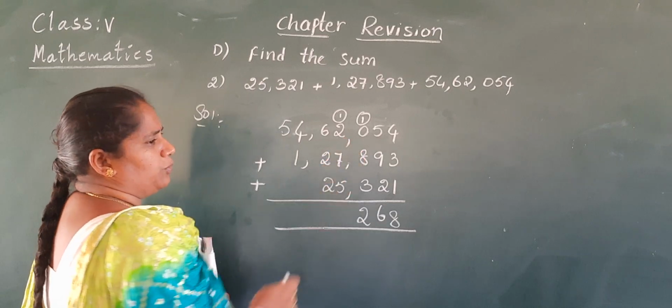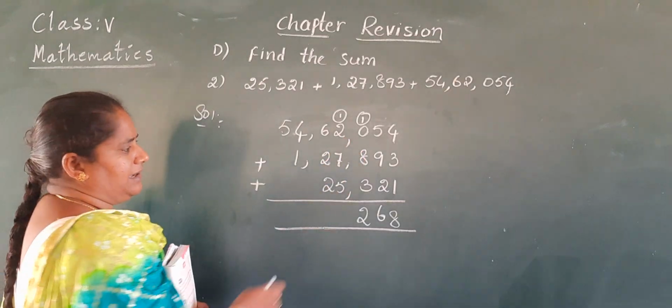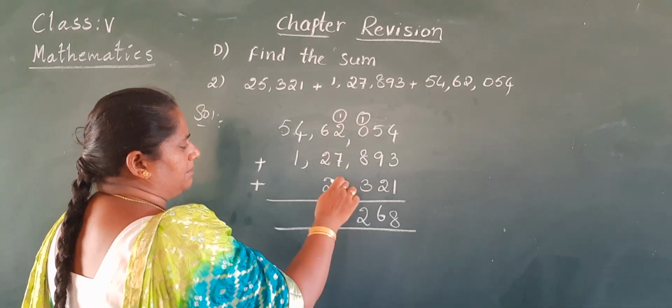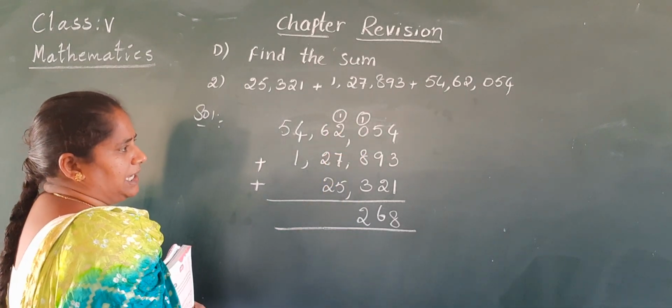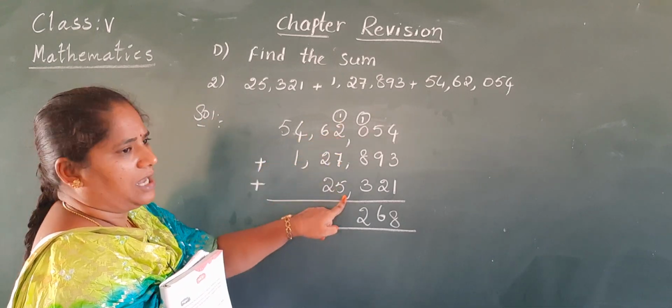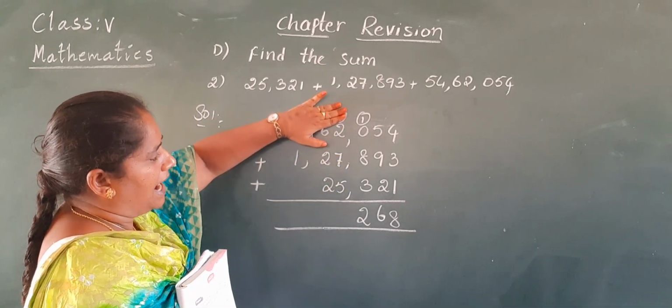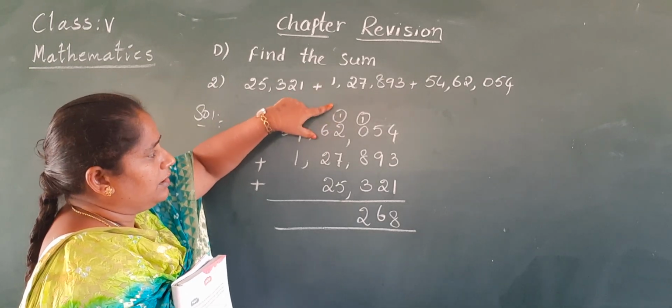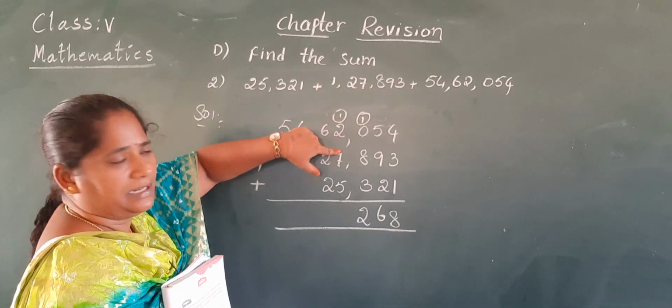Take 1 finger, 2, after 3. 3 plus 7, 10. 10 plus 5, 15. My dear children, you should add all the numbers in that column. See, this is the thousands place. In the thousands place, 4 numbers are there. Suppose you forget to add this number, you get the wrong answer. So very carefully you have to add the given numbers.